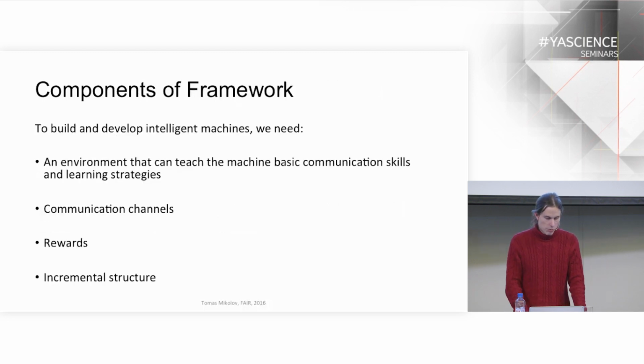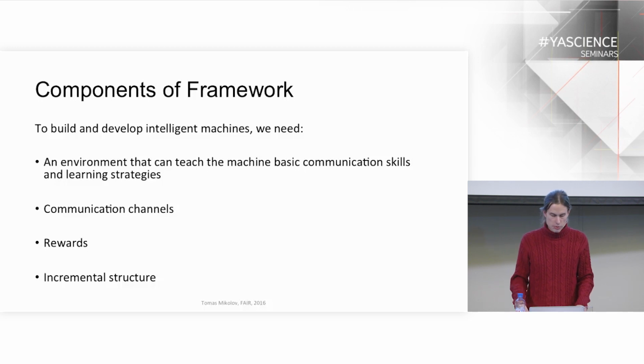So for the components of the framework, now we did already have to make some more concrete choices. We did decide to go for simulated environments because we can't develop the intelligent machine in the real world. It would take too long, because there are plenty of problems that we would have to deal with if we went into robotics.